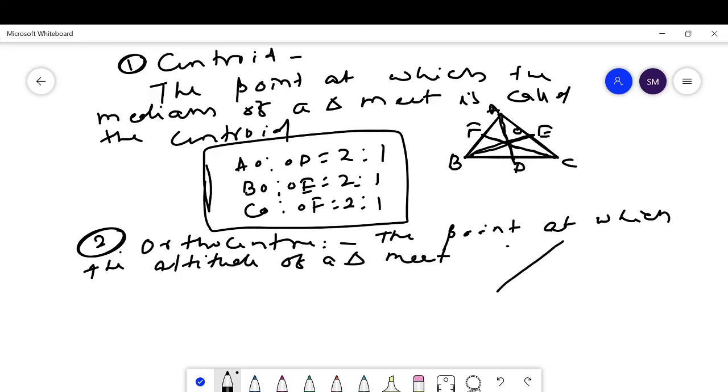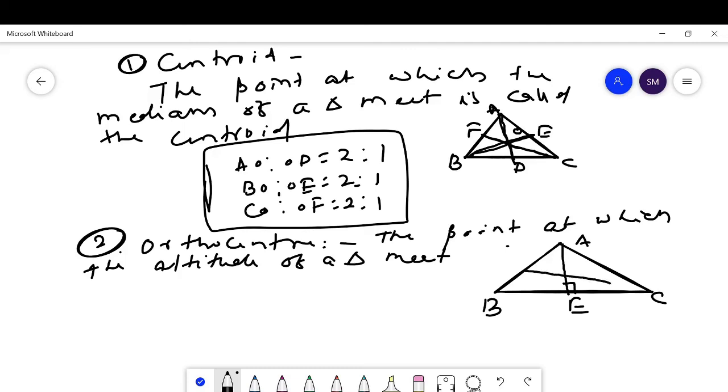Suppose ABC is a triangle. Then the altitudes, means AD, and altitude means this touches BC and intersects BC at a right angle. It is an altitude.